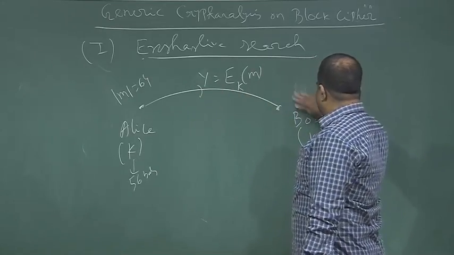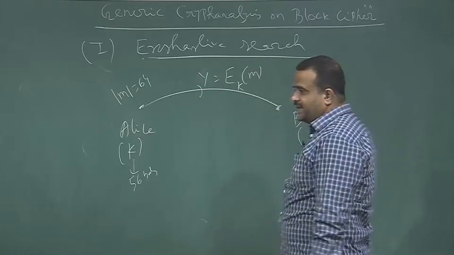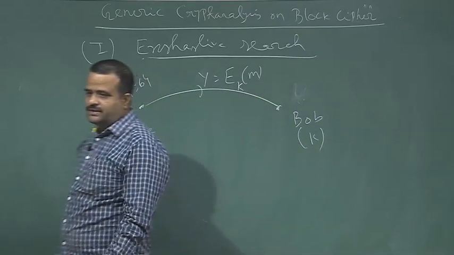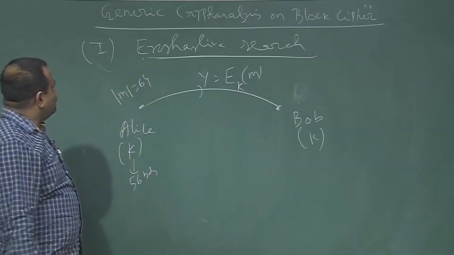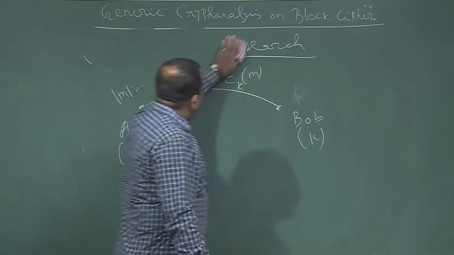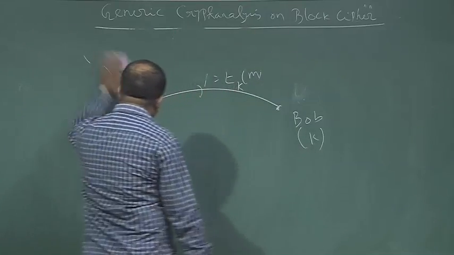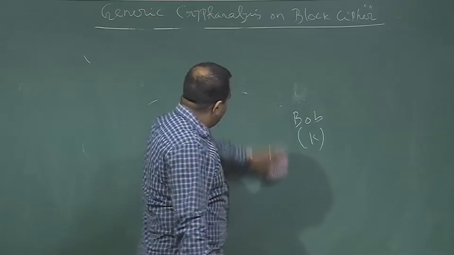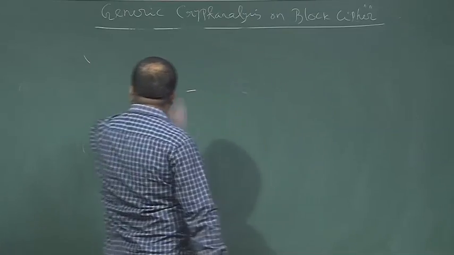Bob receives Y and applies the decryption algorithm to get back the message. Now, how can we do the exhaustive search on the block cipher DES? For that, Oscar needs to have a known plaintext attack.